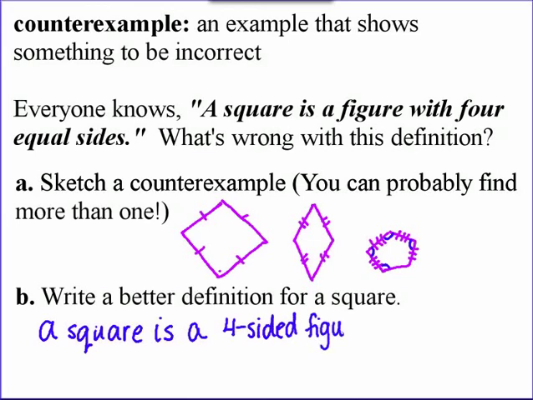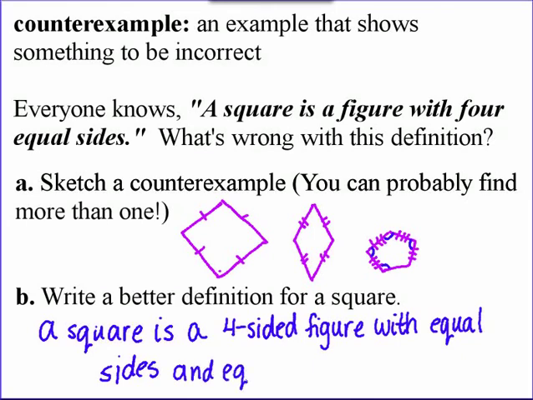A four-sided figure with equal sides and equal angles. Now we'll eventually learn about a square, so it's not like we're going to discuss a square here. What we are discussing is how important it is to have a good, clear, and concise definition. So that's going to be our topic today: clear, concise definitions.